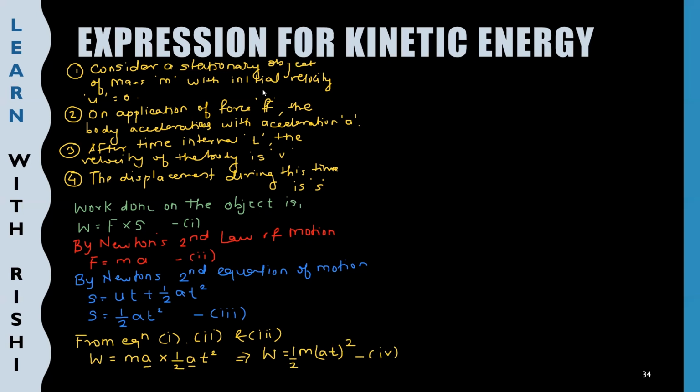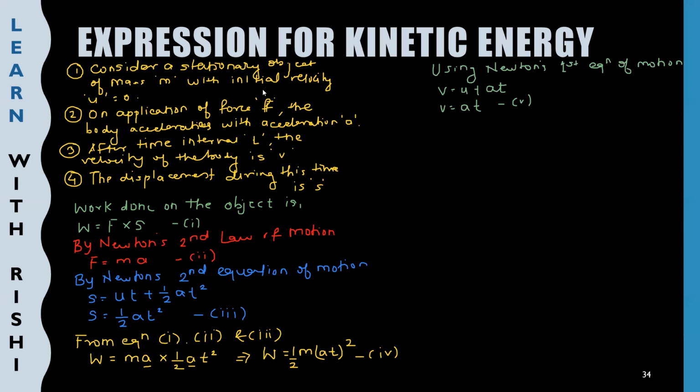So again, I'm going to use Newton's first equation of motion. What was the first equation of motion? V is equal to u plus at. So u is 0, V is equal to at, right?